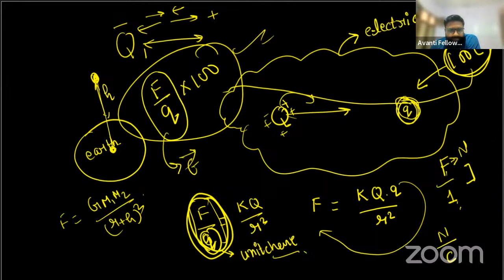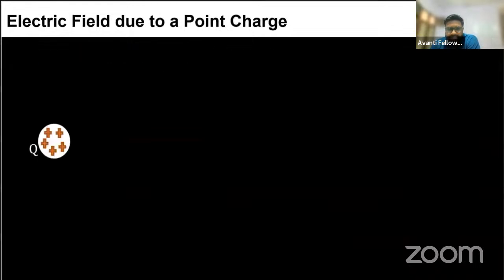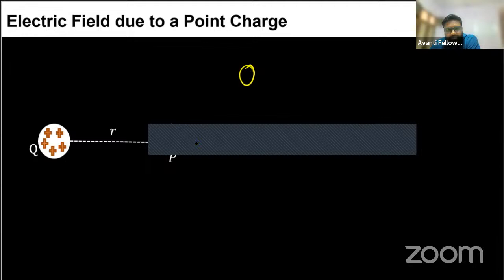Now let us understand it in a detailed manner. So we have considered a charge q that is placed in the vacuum. ठीक है, ये रहा चार्ज. Clarify it more. हमें पता है कि if this charge is positive, so it will feel a what?